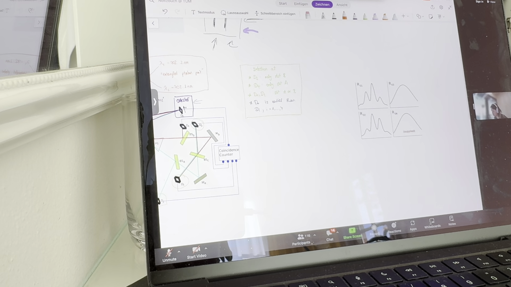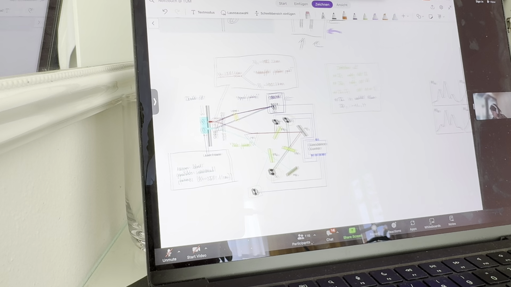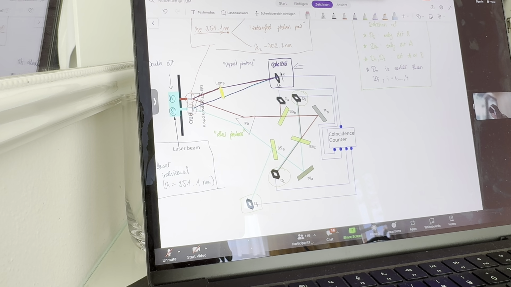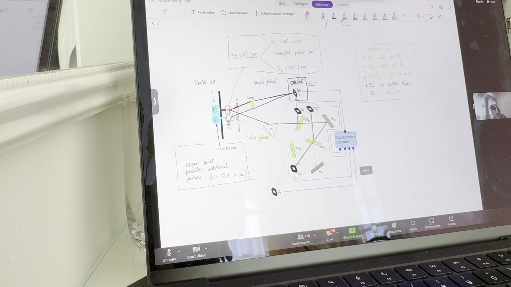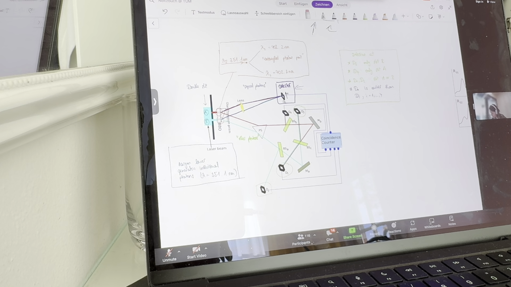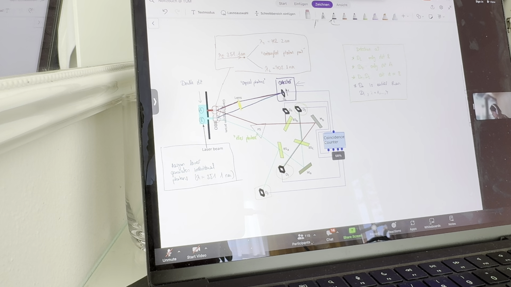So what is done for the data analysis is that we have this thing here called a coincidence counter, and it counts whenever D0 detects something and D1, 2, 3, or 4. Of course you also have to get rid of this time delay due to the different path lengths. So I said that D0 would always count a little bit earlier. You have to get rid of this time delay.